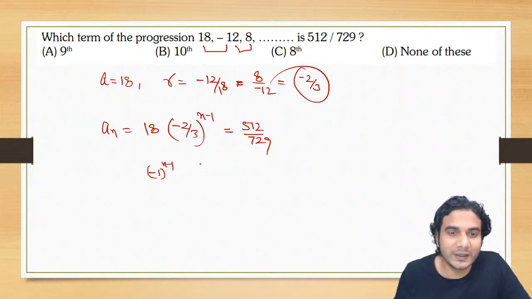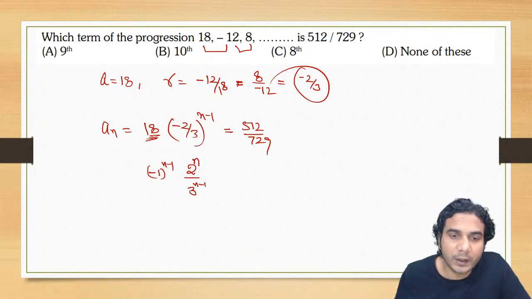Oh, so actually you have changed your answer. So now this 18 is 2 into 3 square. So you'll get 2 raised to overall n, and 3 raised to n minus 1, and in the numerator it is 3 square. All right.